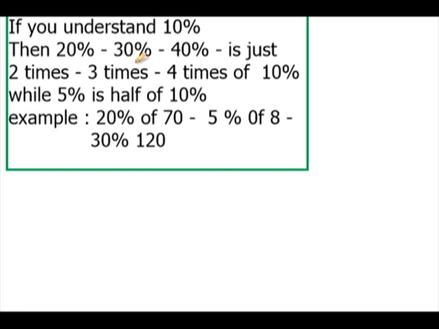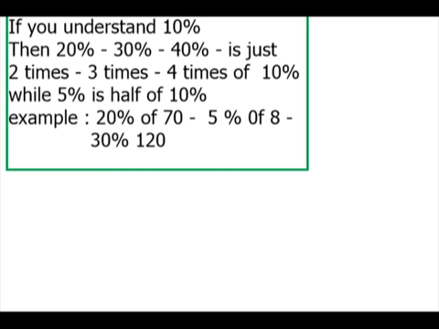Then for 20%, 30%, it's just 2 times, 3 times the value, while 5% is just half the value. So it's easy to compute 20% and also 5%. There are a lot of combinations you can do by doing that.